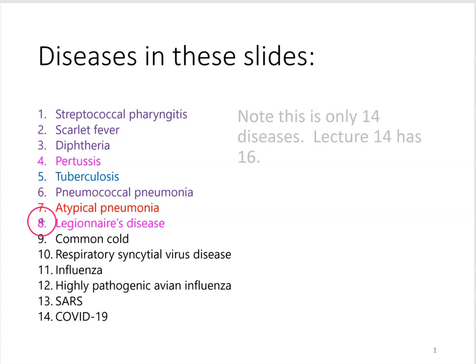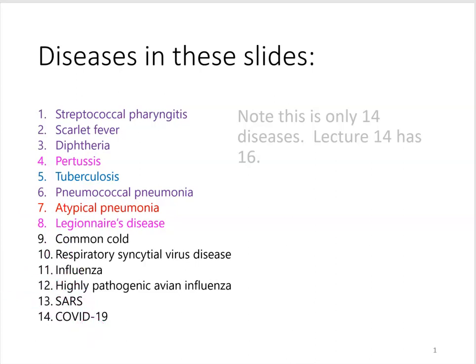And then I needed two other colors because the bacterium that causes tuberculosis doesn't stain using the gram stain. It's acid fast. It's just different. And then the one that causes the atypical walking pneumonia is lacking a cell wall completely. So gram stain doesn't work on that either. So I'm making that red. And then the rest of them are caused by viruses.